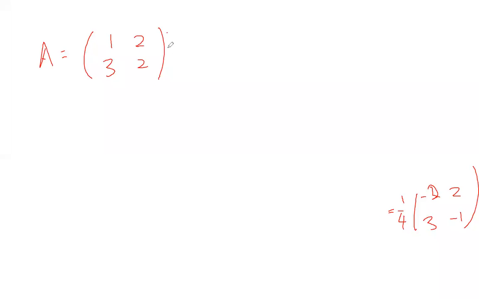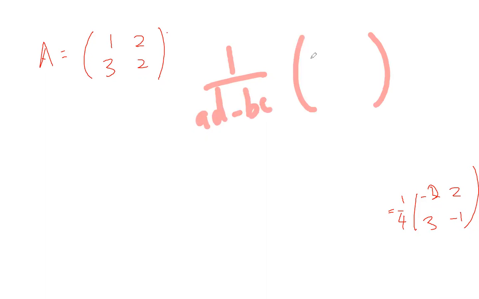The traditional way is like AD minus BC. Then we change it: this is A, and this is D, become D and A. So minus B, minus C, like this.